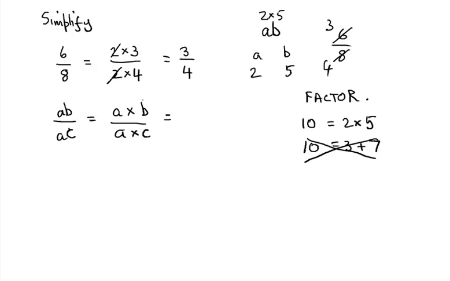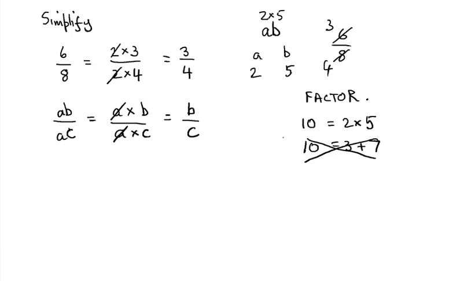And again, divide the top of the fraction by A and divide the bottom of the fraction by A. And this common factor that appears in the bottom and top of the fraction disappears in effect. So we get B over C. So we've cancelled this factor of A.